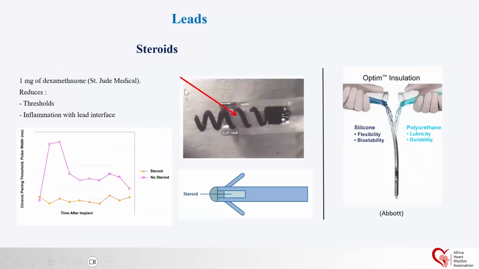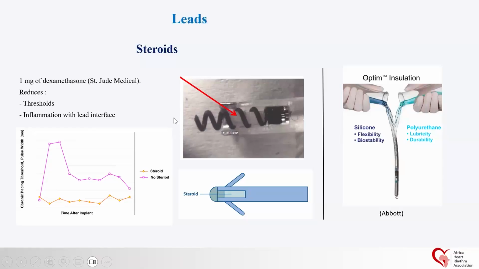So for Abbott leads, we have those types of leads. That means we have active fixation, and in those active fixation leads, we have a steroid in the tip of the lead. Why do we have steroids? To reduce the threshold and to reduce inflammation at the lead interface, because when we fix the lead to the myocardium, we enter the myocardium with the active fixation.